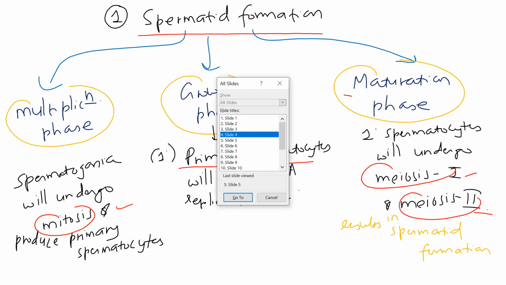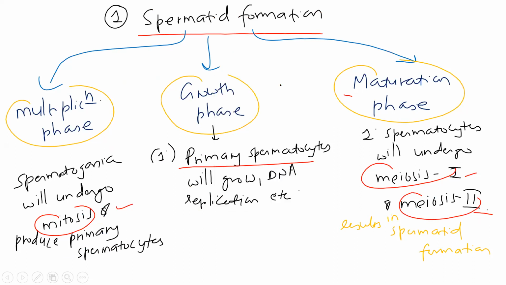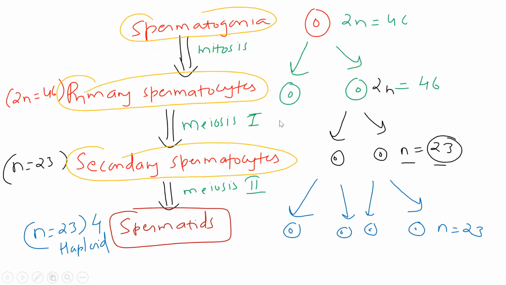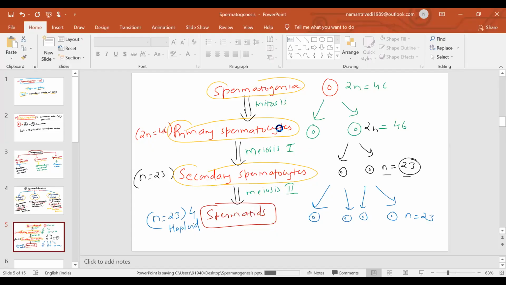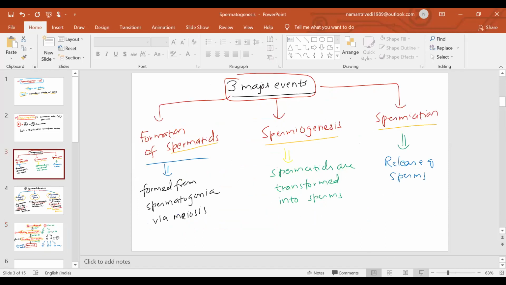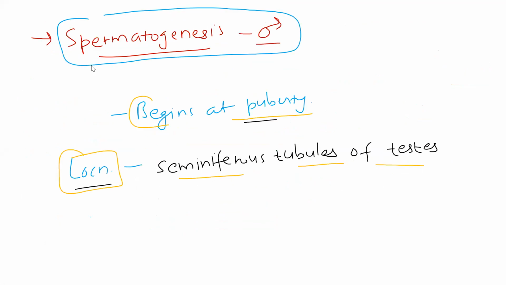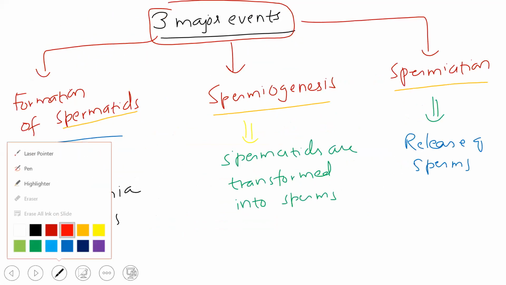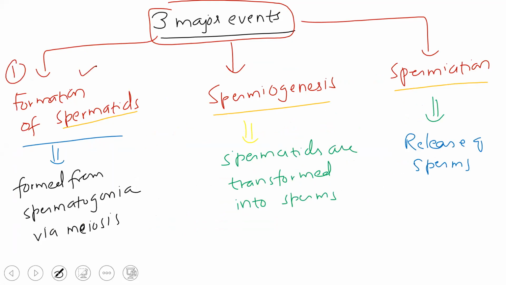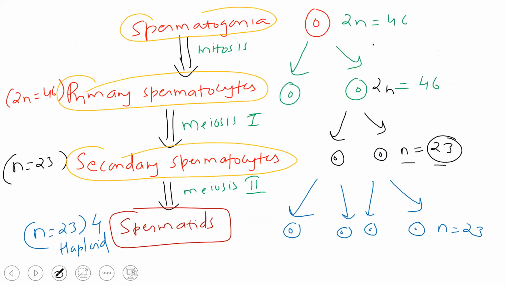Okay. So what we have discussed is the first phase, that is we are done with the formation of spermatids. Now we are moving on to the second one, then we move to the third one.